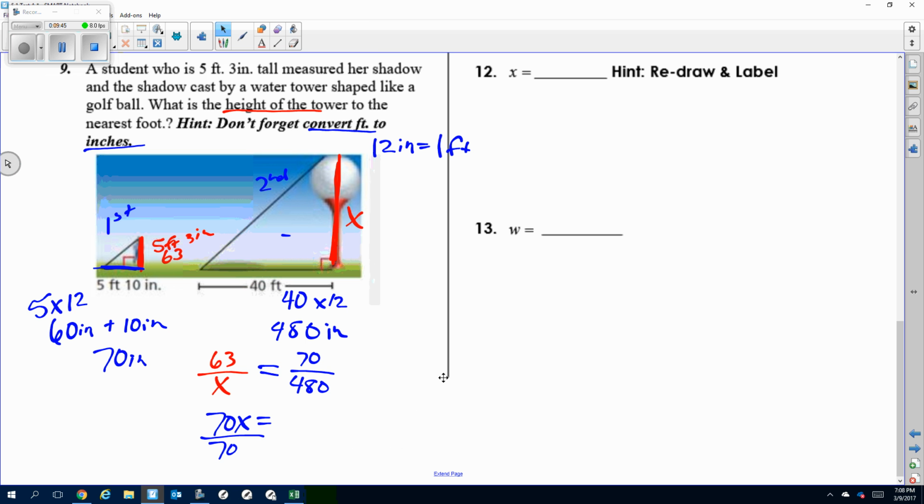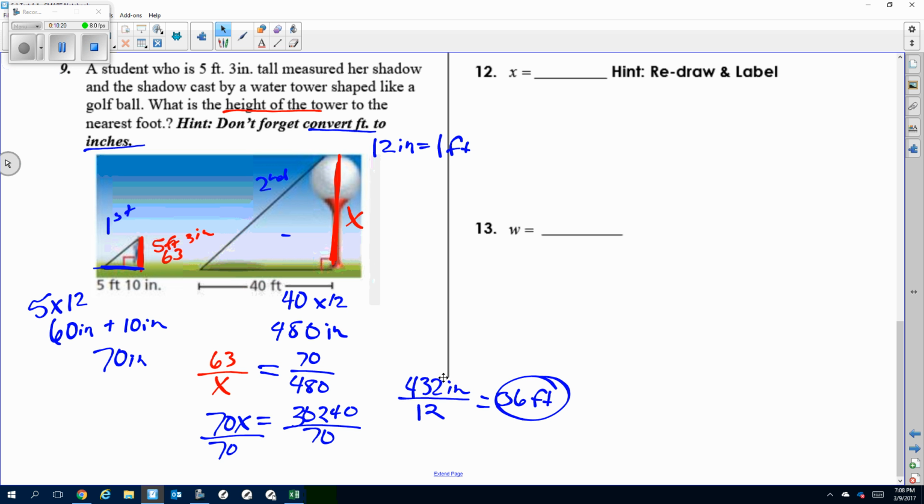I jumped the gun on myself. 63 times 480 is 30,240. Now we divide that by 70. And we get 432 inches, and then we divide that by 12, because there are 12 inches in a foot, and that's how we get 36. So I jumped again, I'm sorry, 36 feet. Don't forget to convert, okay?